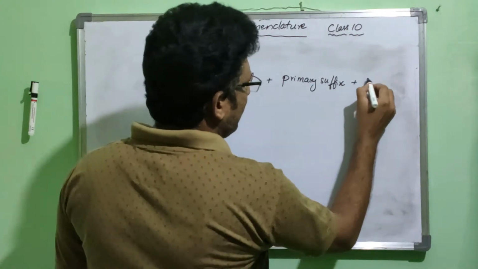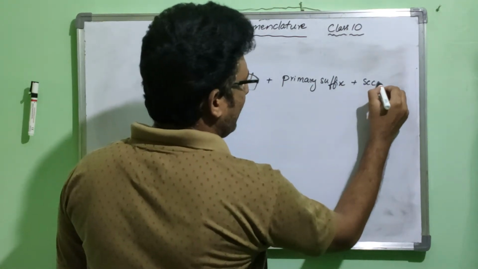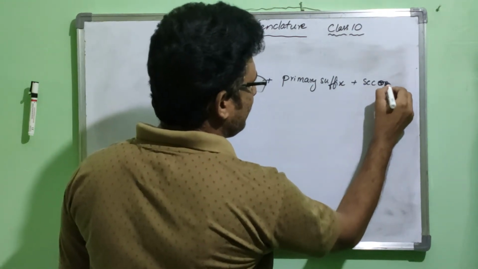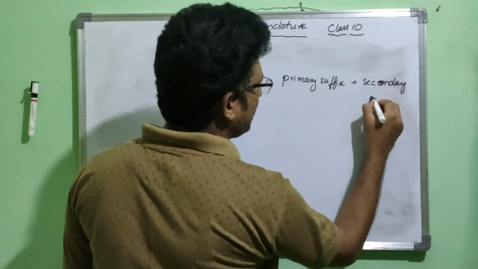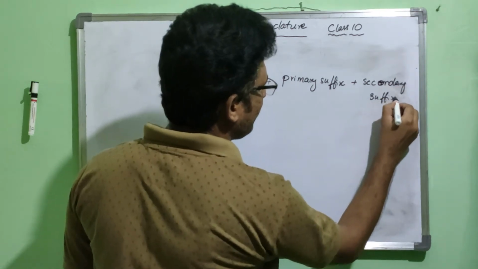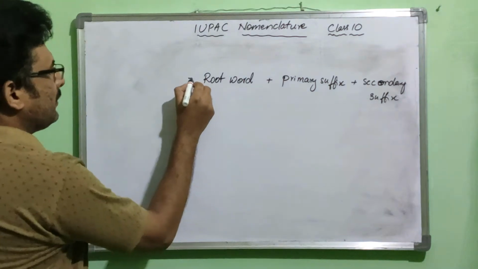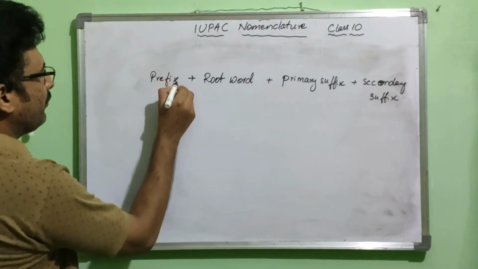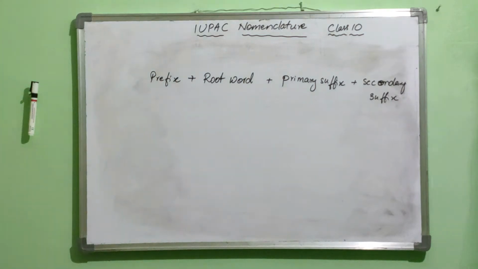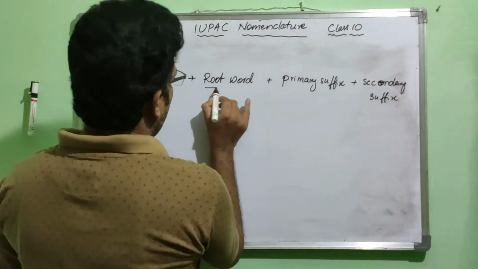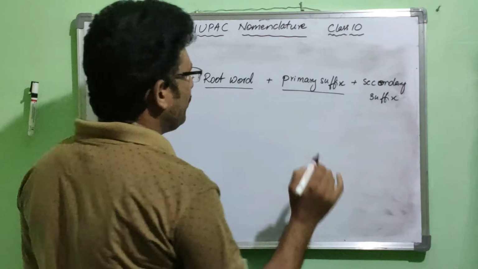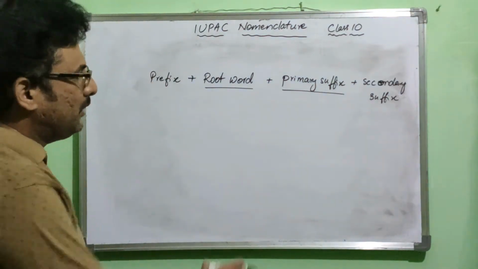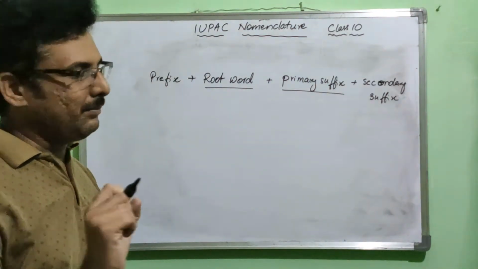And the compound may have a secondary suffix, and some compounds may have a prefix also. But every compound will have the root word and primary suffix, so these two will be common for every compound.